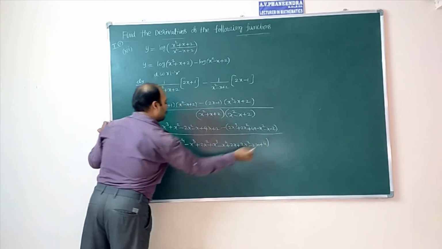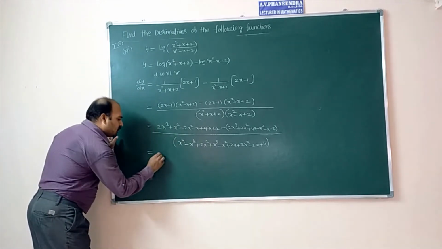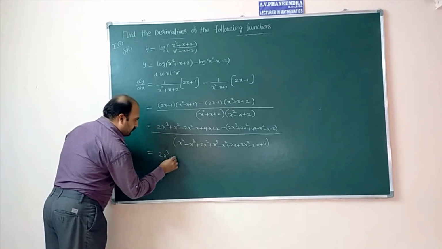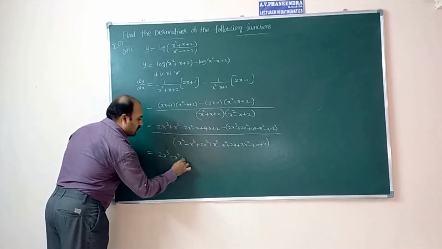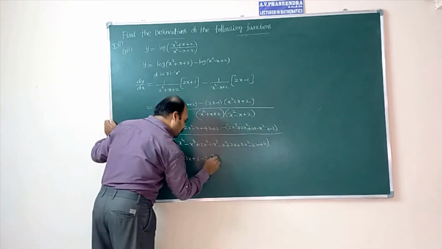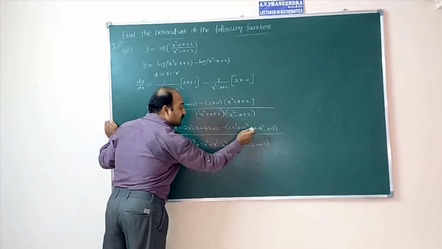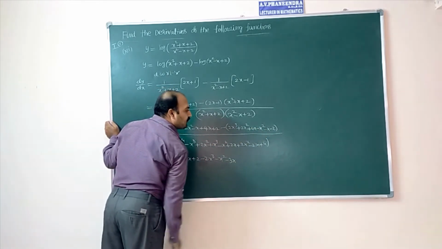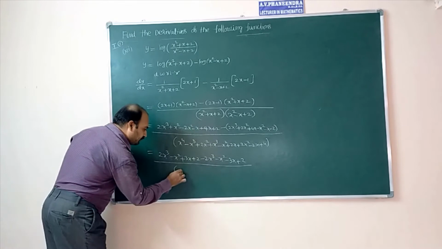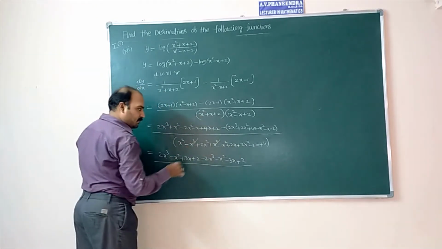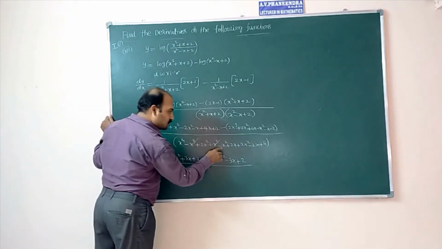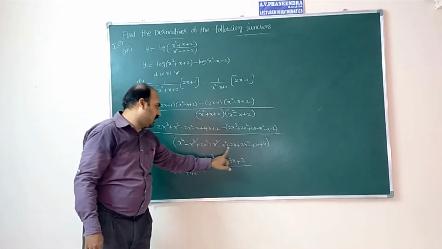minus x power 3 plus 2x square plus x cube minus x square plus 2x plus 2x square minus 2x plus 4. Simplifying the numerator: 2x cube plus x square minus 2x square minus x plus 4x plus 2 minus 2x cube minus 2x square minus 4x plus x square plus x plus 2 gives the terms cancelling. In the denominator, minus x cube plus x cube get cancelled, plus 2x square plus 2x square plus 4x square minus x square, that is 3x square total.